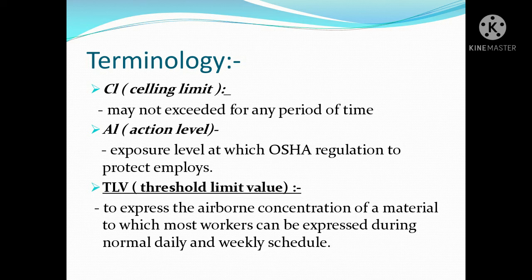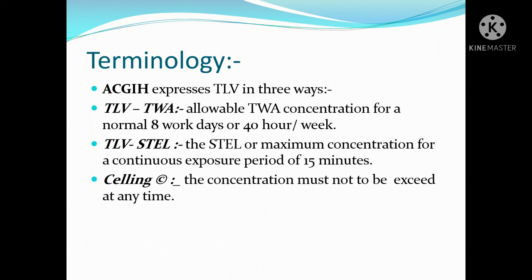Next, but very important, is TLV, threshold limit value. It is a term used to express the airborne concentration of a material to which most workers can be exposed during a normal daily and weekly schedule without adverse effect. ACGIH expresses threshold limit value in three ways.